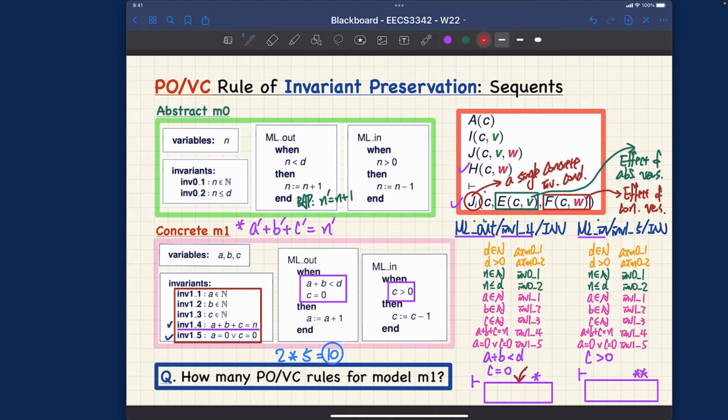And for the concrete version, A prime should be equal to A plus 1. What about B and C? Don't forget, B prime is equal to B, and C prime is equal to C. That's what we got.